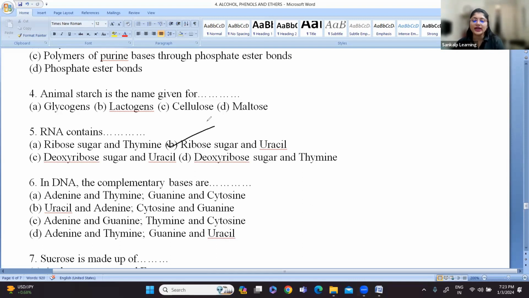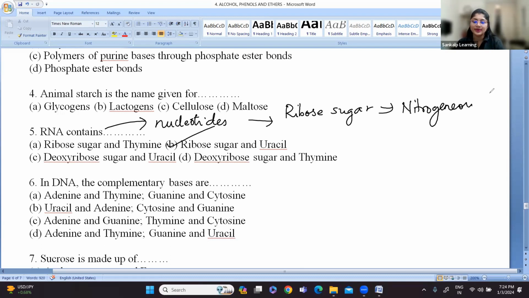So what is ribonucleic acid? RNA is a ribonucleic acid, a molecule present in the majority of living organisms and viruses. It is made up of nucleotides, in which ribose sugar is present and is attached to the nitrogenous bases and the phosphate groups.